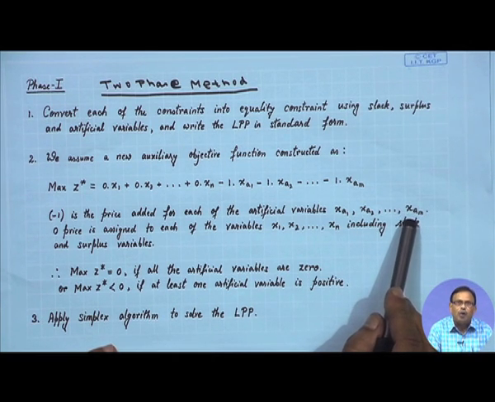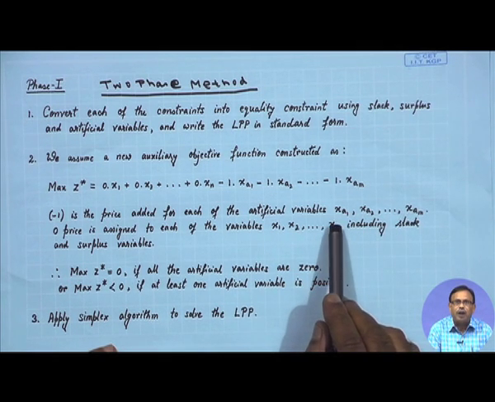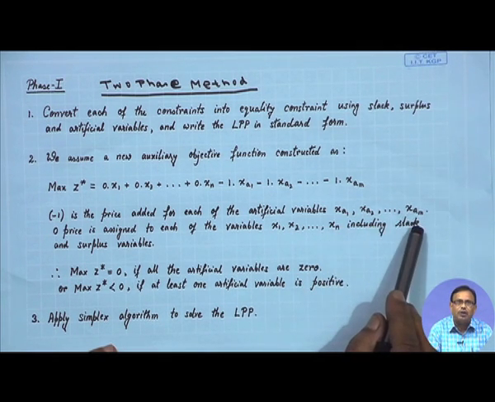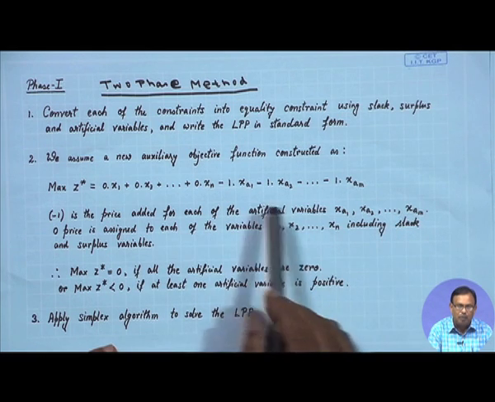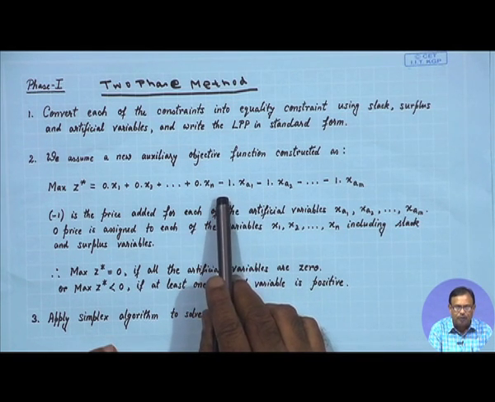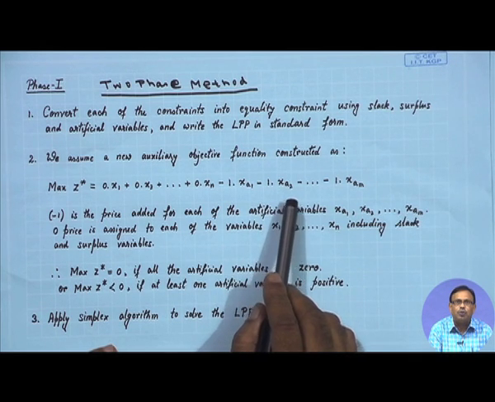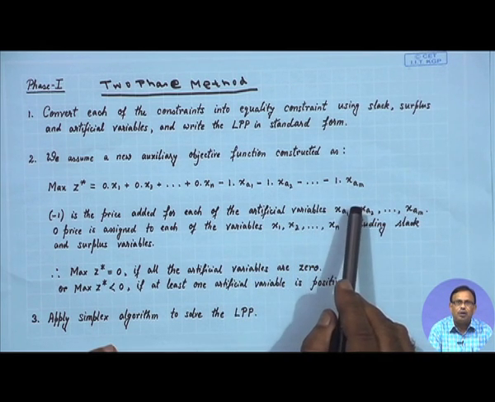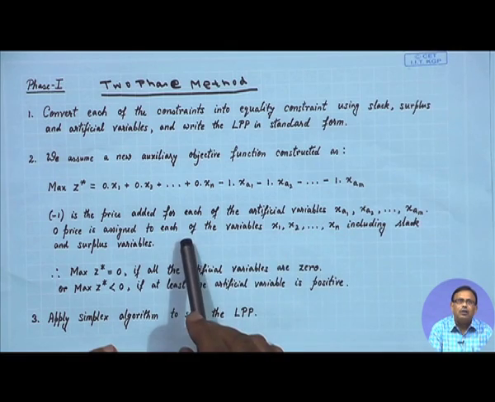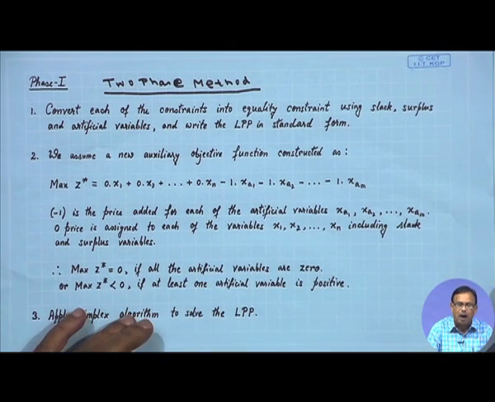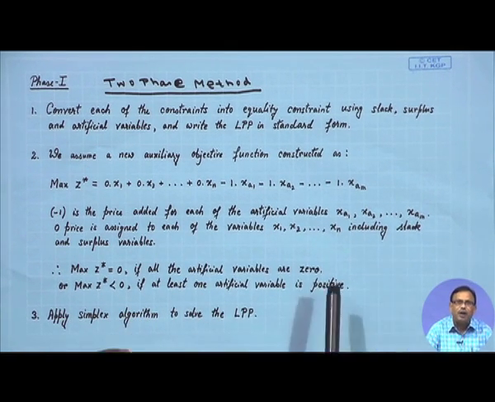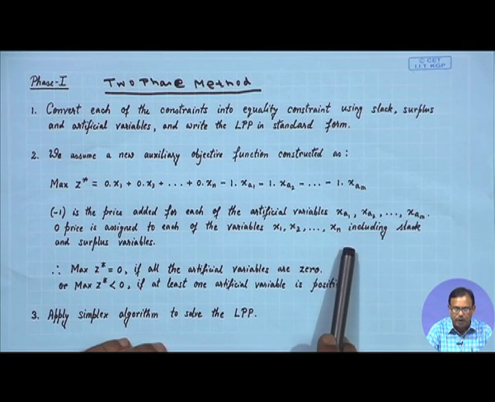So, please note that if I have m artificial variables xa1, xa2, xam, then in the auxiliary objective function we are adding a price minus 1 by writing minus 1 into xa1, minus 1 into xa2, like this way, minus 1 into xam, and a 0 price is assigned to each of the variables x1, x2, xn.